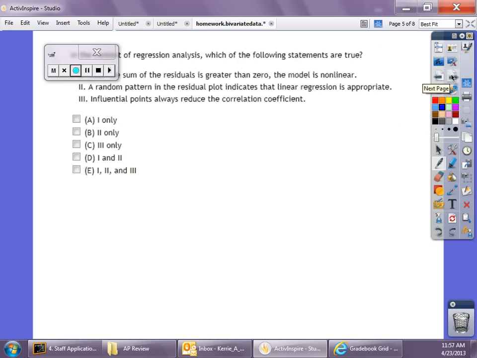Here we have different statements about regression analysis. Statement number 1, a helpful hint, is that the sum of the residuals, by definition, will always be 0.